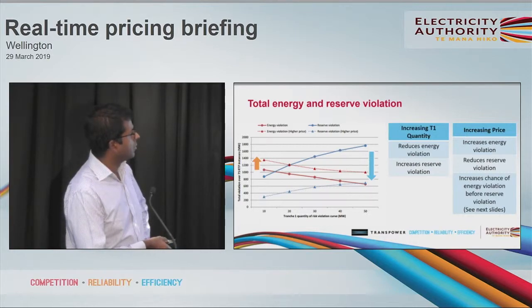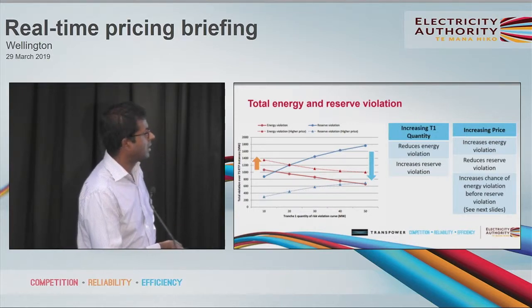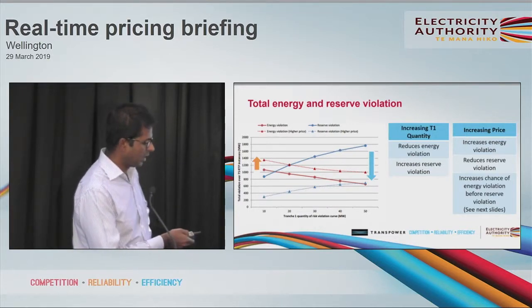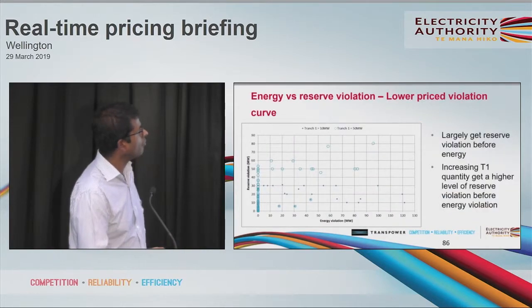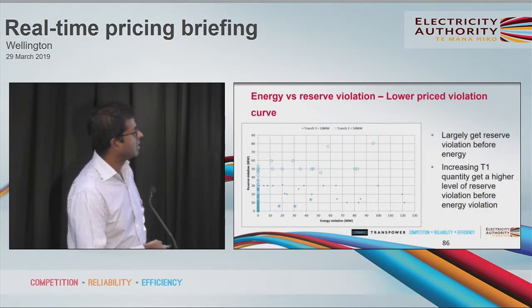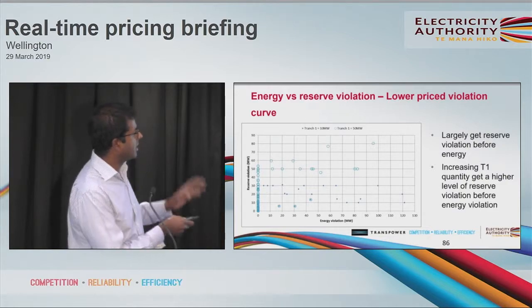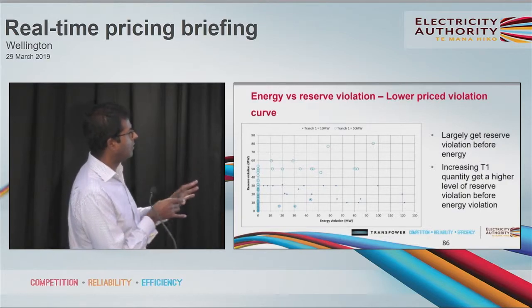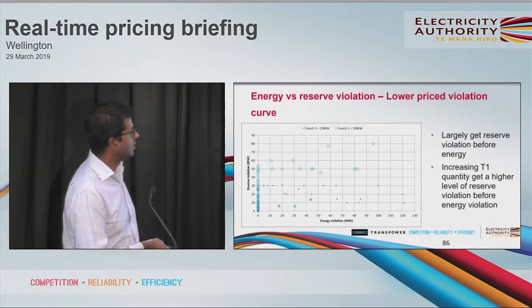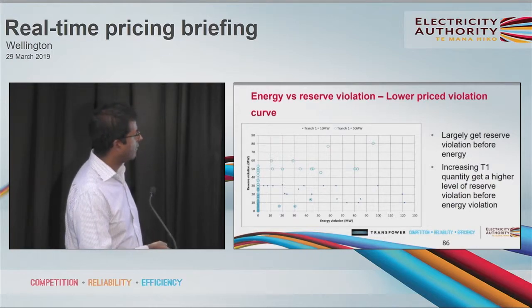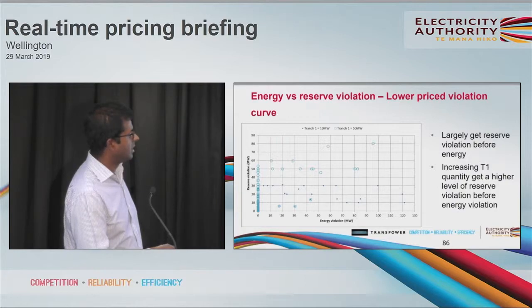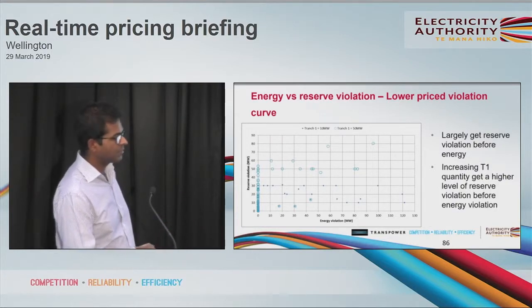So what also happens is that as you increase the price of the reserve violation curve, you increase the chances of reserve violation before energy. This plot is trying to see, for each of the instances, how we are violating energy and reserves in the different scenarios. On the x-axis, we have the amount of energy violation in each of those 75 samples.